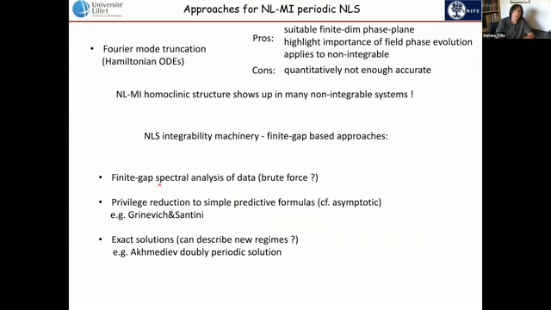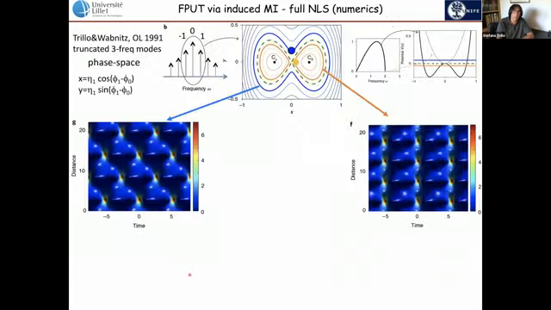And so we privilege other approaches, which are reduction to simple predictive formulas. Usually you can do this by asymptotics, and one beautiful example is the paper by Grinevich and Santini that I will comment on. Also using exact solutions that you can derive, or not, from finite gaps. So essentially in this talk I will use the accommodative doubly periodic solution.